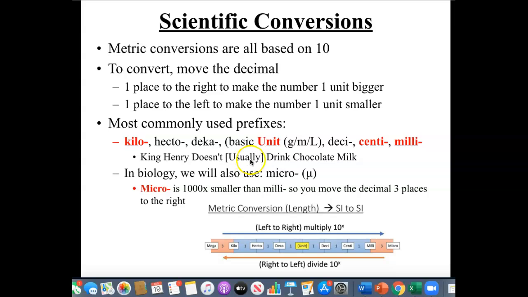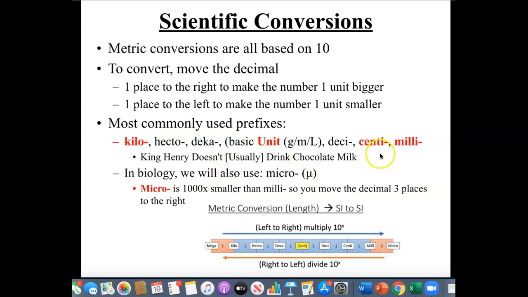King Henry doesn't usually drink chocolate milk. So king stands for kilo, Henry for hecto, doesn't for deca, usually is for the basic unit. So that could be grams if you're measuring mass. It could be meters if you're measuring length. It could be liters if you're measuring volume. Drink, deci, chocolate, centi, milk. King Henry doesn't usually drink chocolate milk.